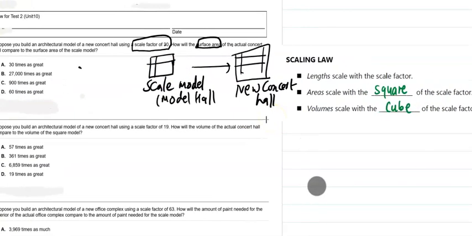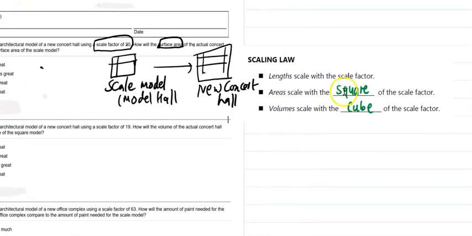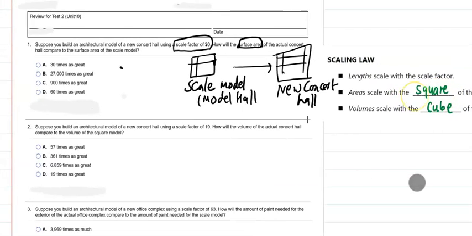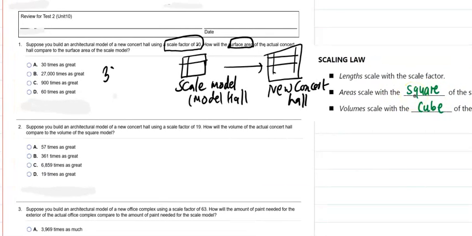Notice that the scaling law tells you area is scaled with the square of the scale factor. So here it is 30 squared, which is 30 times 30, which is 900.